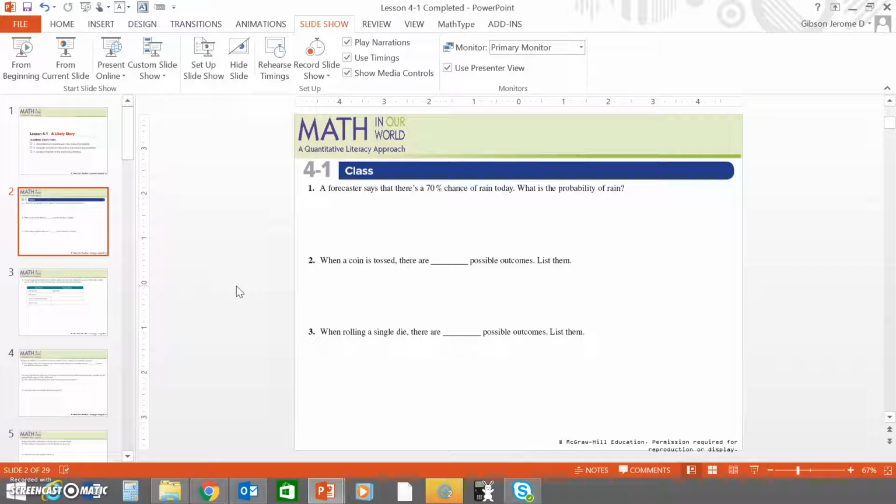All right, so it says here, in this lesson, we'll examine the basic concepts involved in studying probability. In short, the probability of something occurring is a number that represents how likely it is to occur. You can think of it as the percent chance of something happening. The major difference between percent chance and probability is that we write probability as a number between 0 and 1.